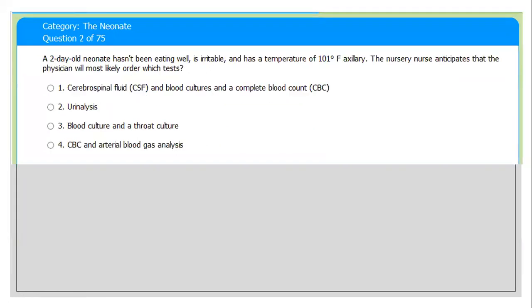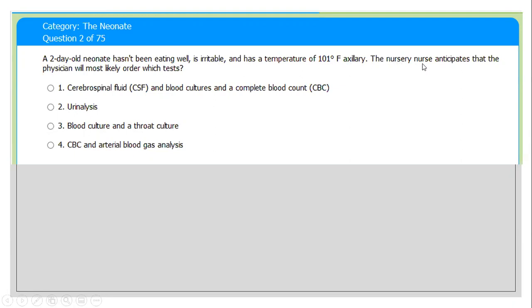So, next question here. A two-day-old neonate has not been eating well, is irritable, and has a temperature of 101 Fahrenheit axillary.